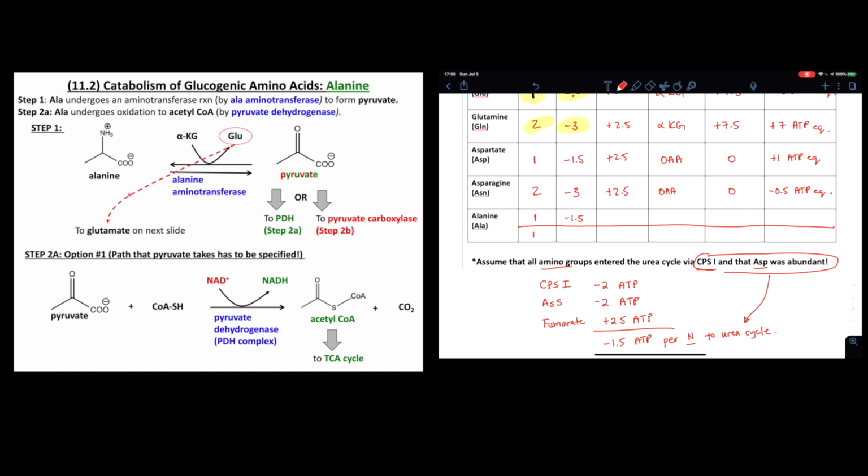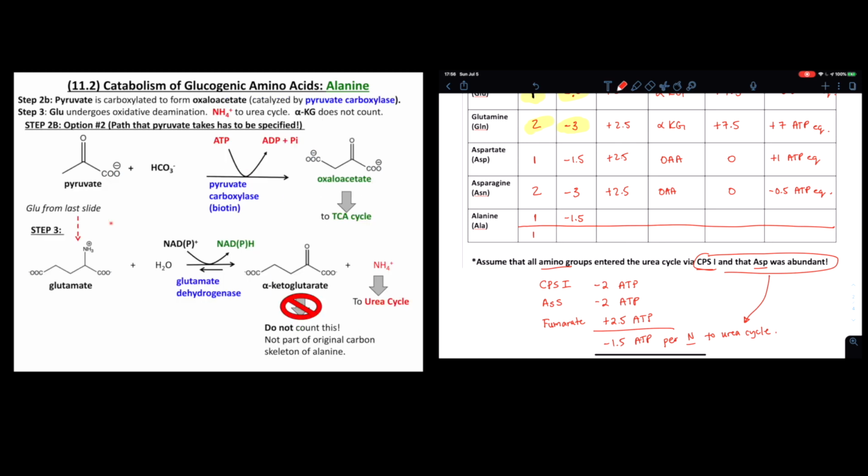We're still going to eventually have a glutamate, which undergoes oxidative deamination, which produces 2.5 ATP. The carbon skeleton of alanine is pyruvate. Let's write this down twice because it's the same.